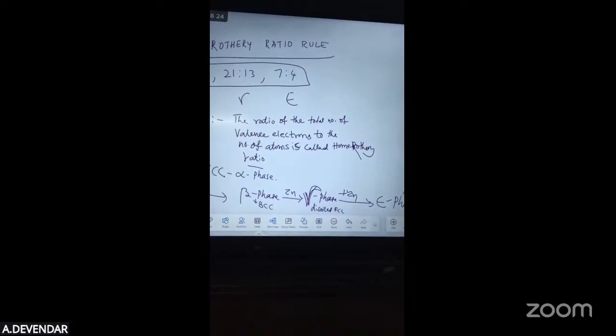When you add another metal to this pure copper and prepare the alloy, zinc is added, and the face-centered structure automatically converts into body-centered cubic. That is the beta phase. Next, more zinc is added, and it is the gamma phase.